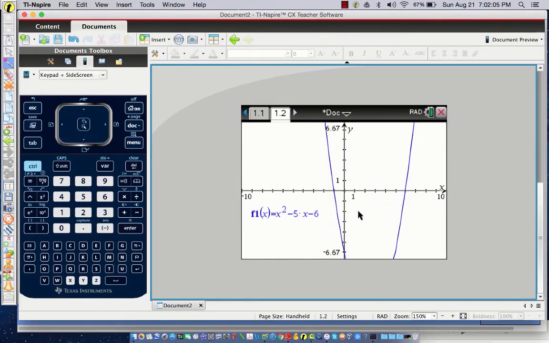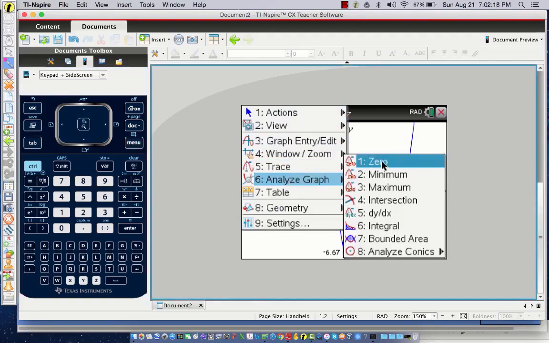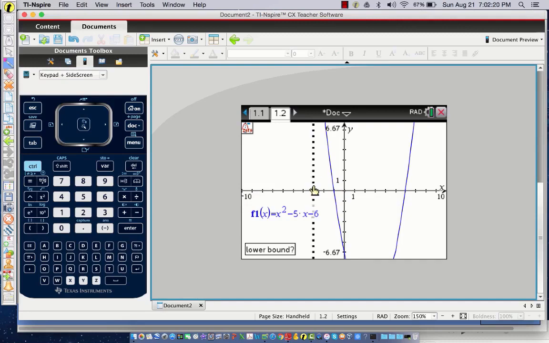Again, the roots are where the function is equal to 0. And the value of a function is always its y value, its y coordinate. If you're not convinced, we go to Menu, Analyze Graph, and we find the zeros. Lower bound, in other words, I go to the left of the x-intercept, drag to the right, and I get my solution -1.